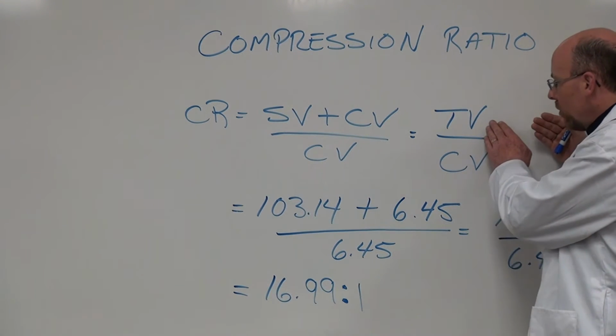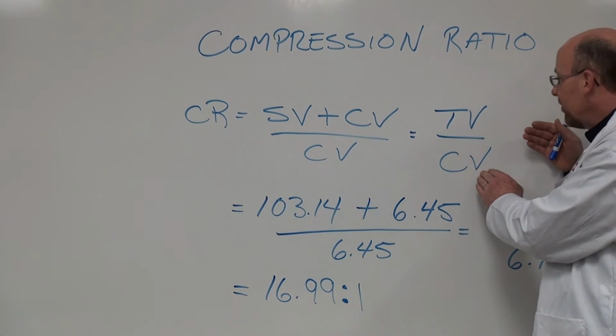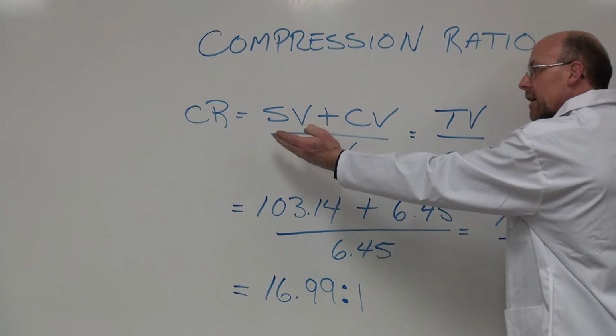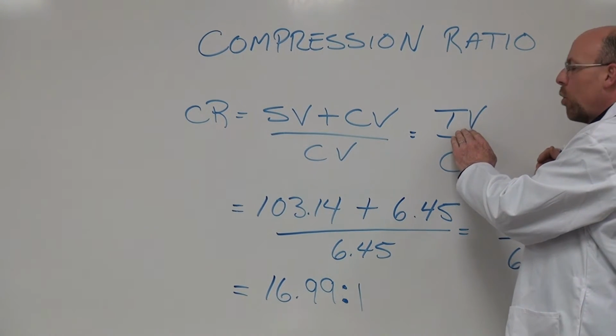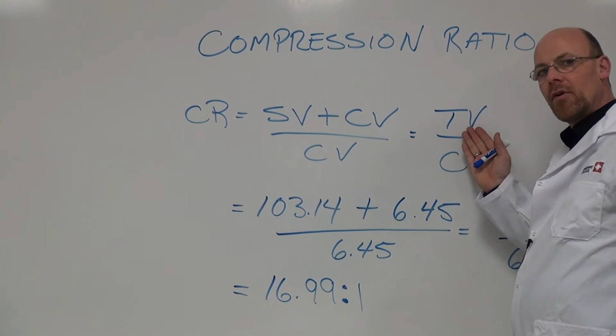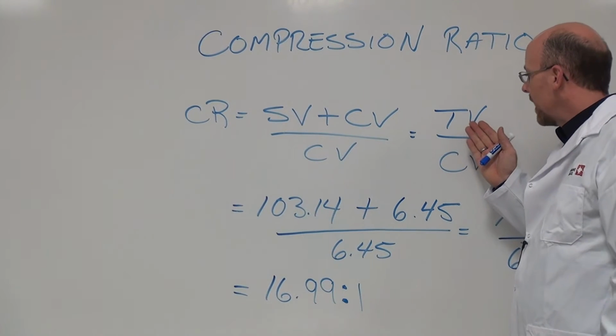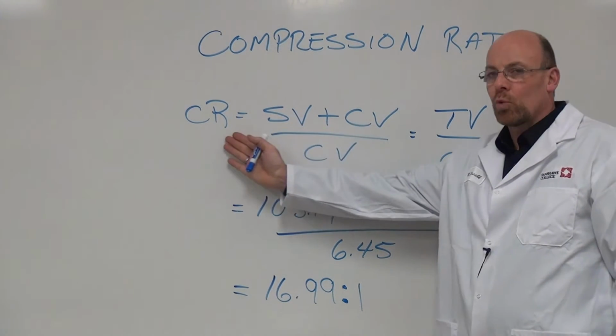And again, our total volume is always divided by our clearance volume to give us our ratio, which we're looking at here. Sometimes we may have just a total volume from the manufacturer, and when we have that total volume from the manufacturer, then we can just divide it by the available clearance volume to give us our ratio.